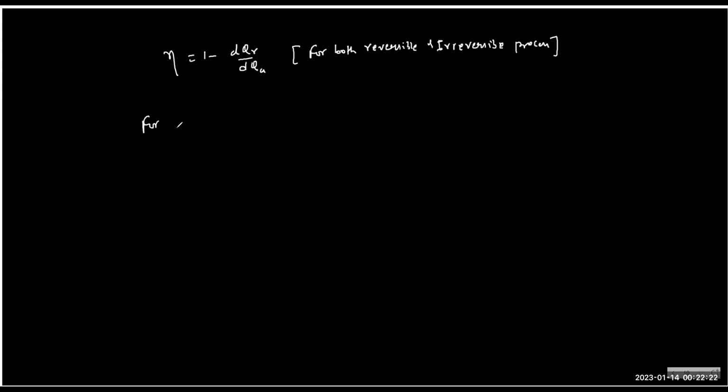For a reversible cyclic process, we know one thing: the dS is exactly 0. If a process is reversible and cyclic, the dS is 0.